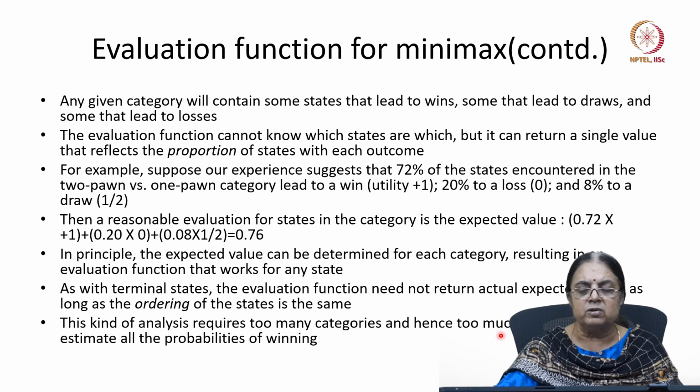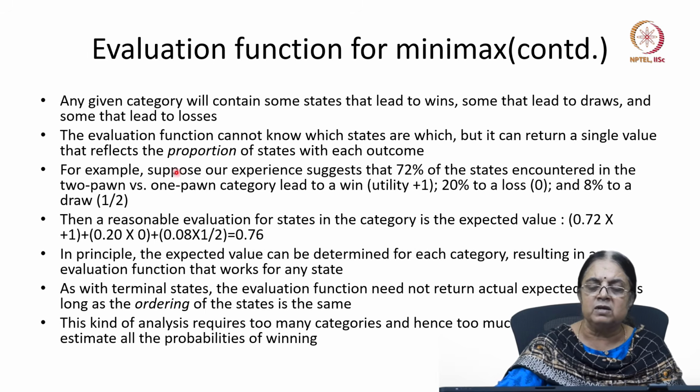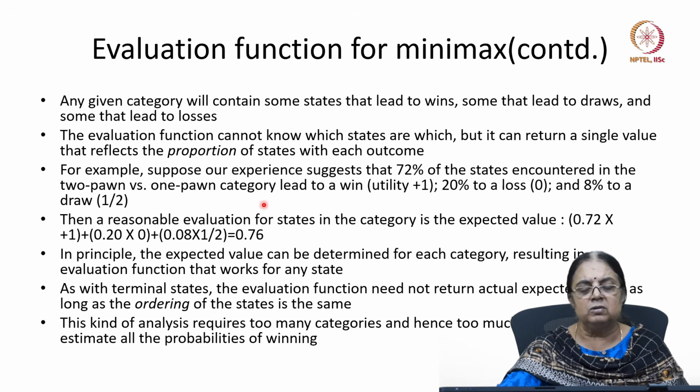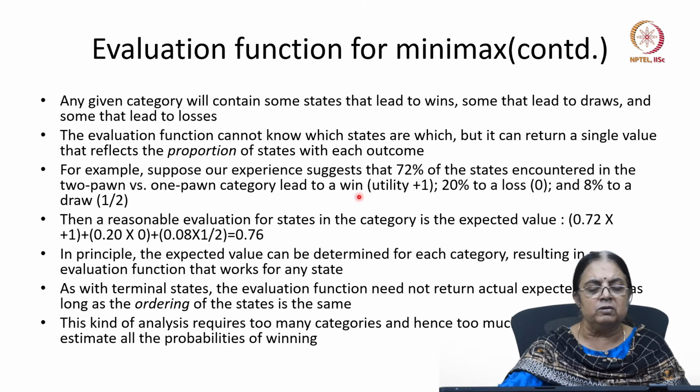So what you're doing is giving 1, 0 and a half to whether it's going to be a win, a loss, or a draw. In this way, you can find a reasonable evaluation function by using this as your weight, basically, as the value you're going to use.